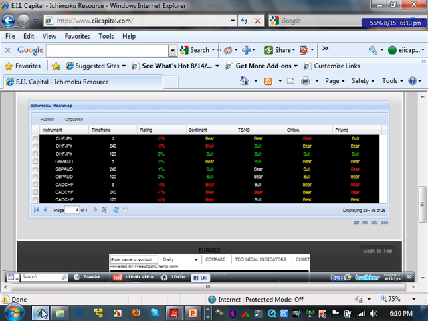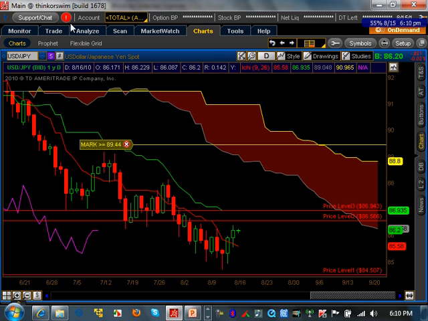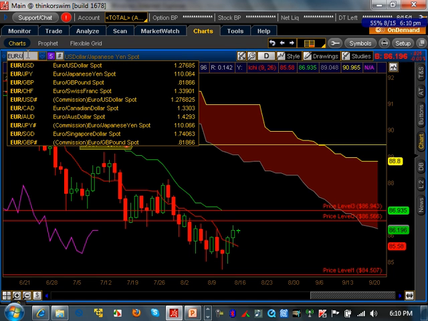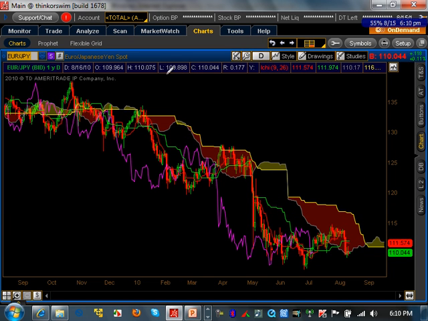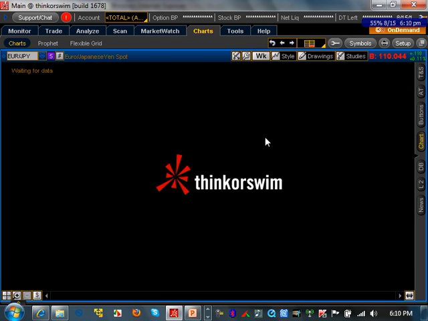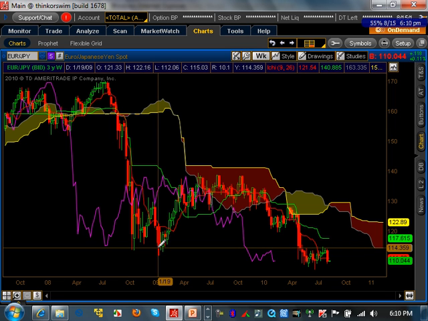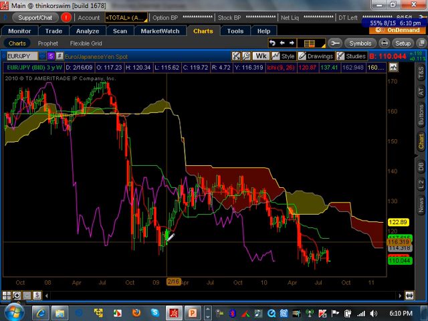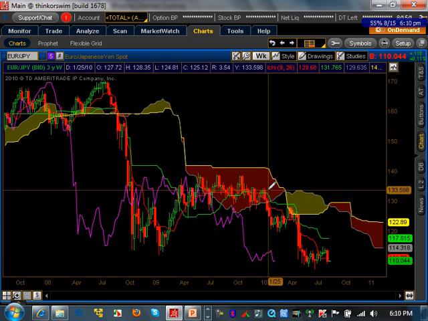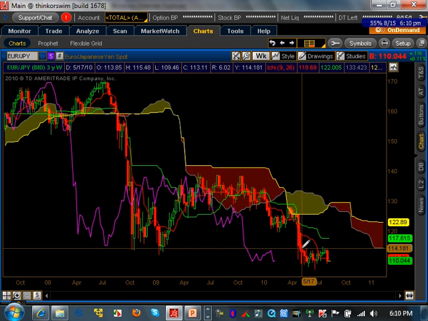Now, if we go back to our heat map, we're going to look at the Euro Yen. Let's look at the weekly. As you can see, it got to the level here, consolidated a little, couldn't break it, came back up here, retested it, broke through this level and came back and retested it.